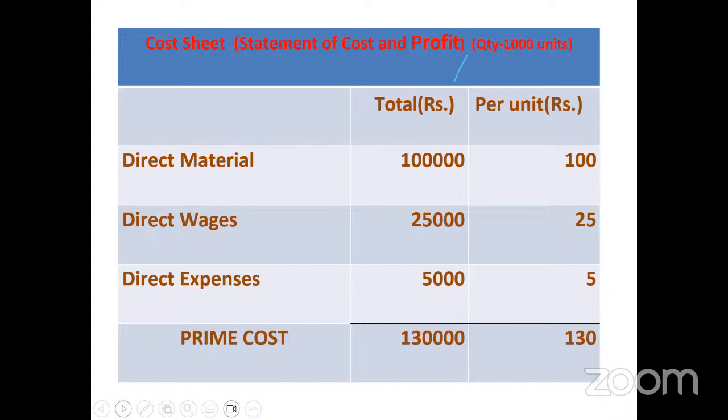Yes, sir. It is very simple actually. But your duty is to identify what are the direct and indirect components of cost and what are the indirect costs which are coming under various overheads. Then only it will be easier for you to prepare the cost sheet.